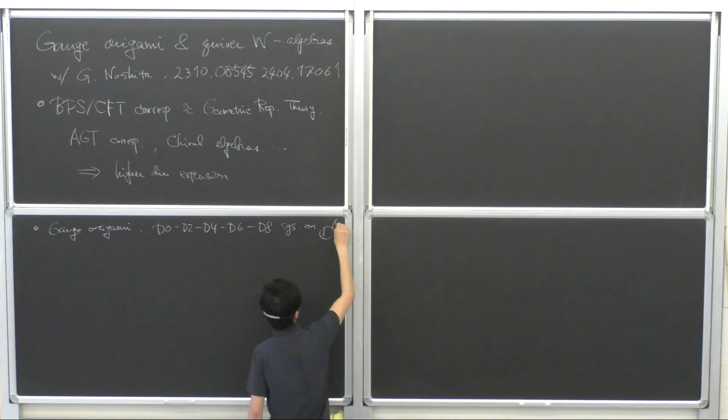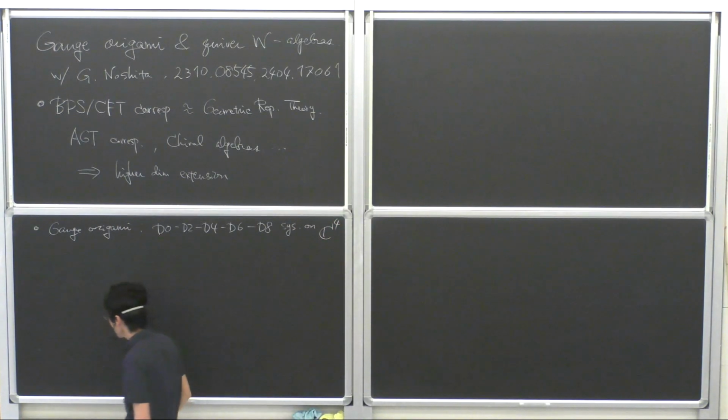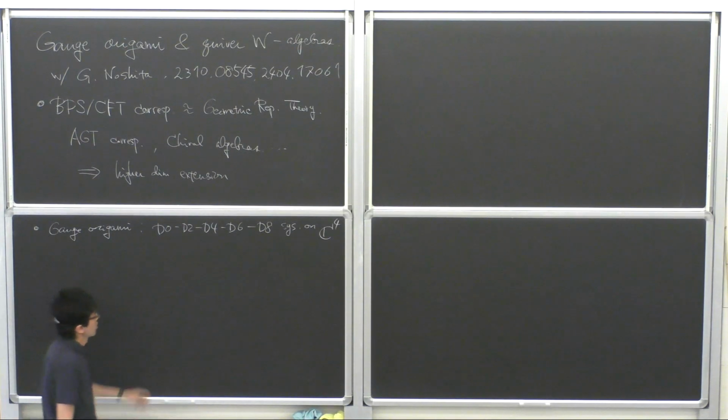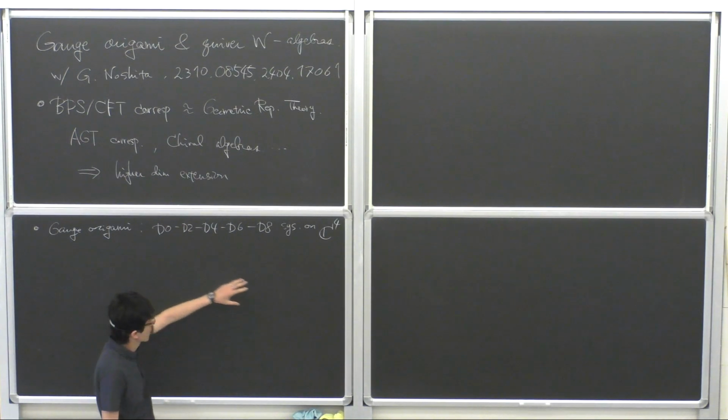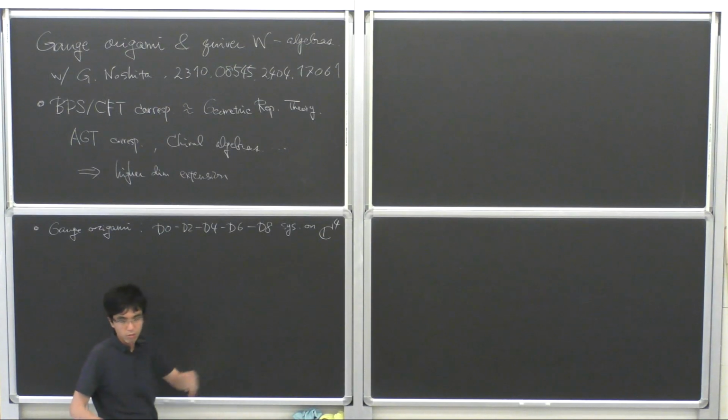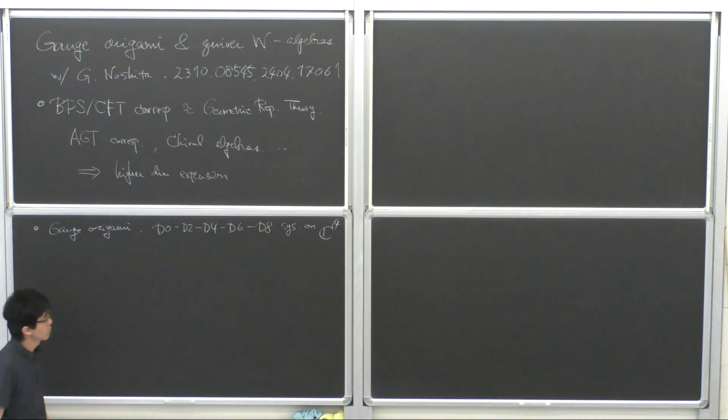Let's think about C4. Basically, gauge origami is a D-brane system of a bunch of D-branes in different dimensions. For the moment we think about C4, but of course you can think about more general setups.